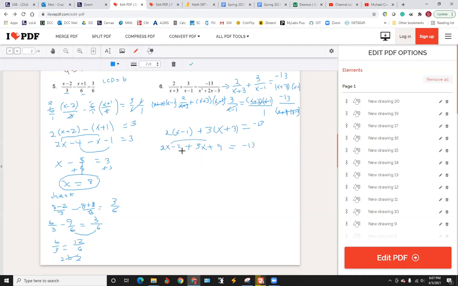These go together, these go together, so that's 5x plus 7. Get rid of that one. Get rid of that one. So that's 5x is equal to negative 20. x is equal to negative 4.